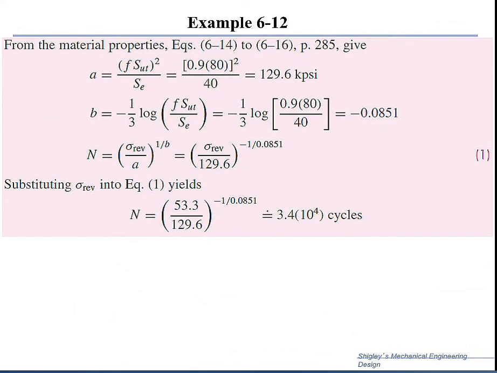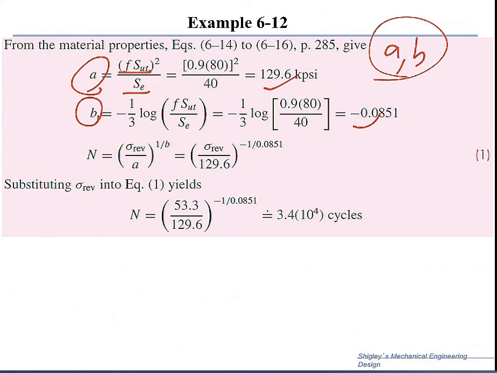And that's the case here because we could use the power law equations for A, F S UT over SE, which gives us a value, and for B, another value. So once we get A and B, then we know the equation for the power law that describes N as a function of sigma.